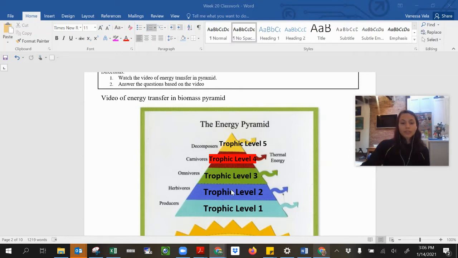Why do you think the herbivores are at the bottom and the carnivores really at the top? Well, that's because of what these organisms eat. And it all depends on the amount of energy that they get from the previous organism. So the herbivores, meaning that they're plant-eating animals, they eat the producers. The omnivores eat both. They eat plants and animals.